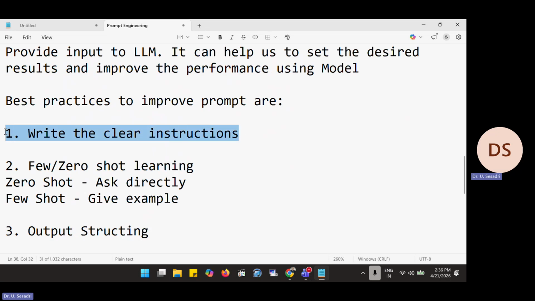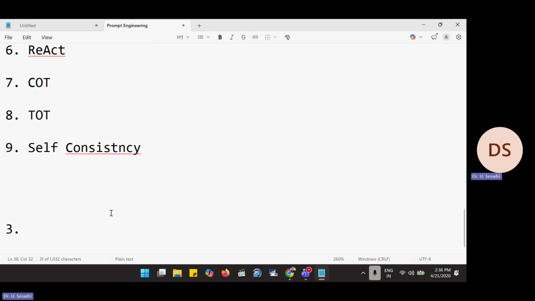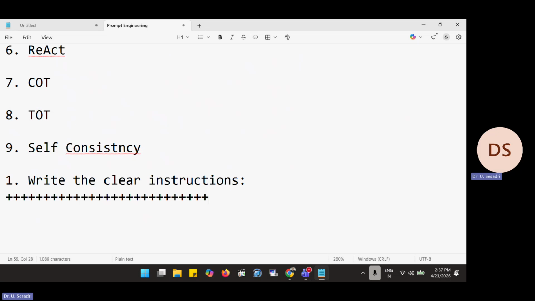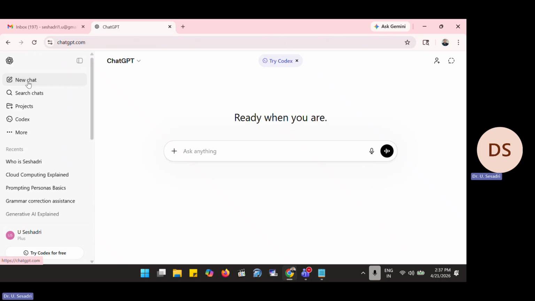Now let us see them one by one. Write with clear instructions. Now let us see this. I can use ChatGPT.